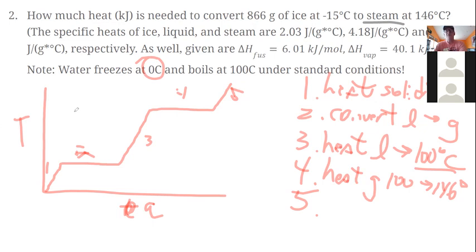So notice there's 3 areas where the temperature increases, and there's 2 areas where they don't. When doesn't the temperature increase when we're adding heat? What's happening then?